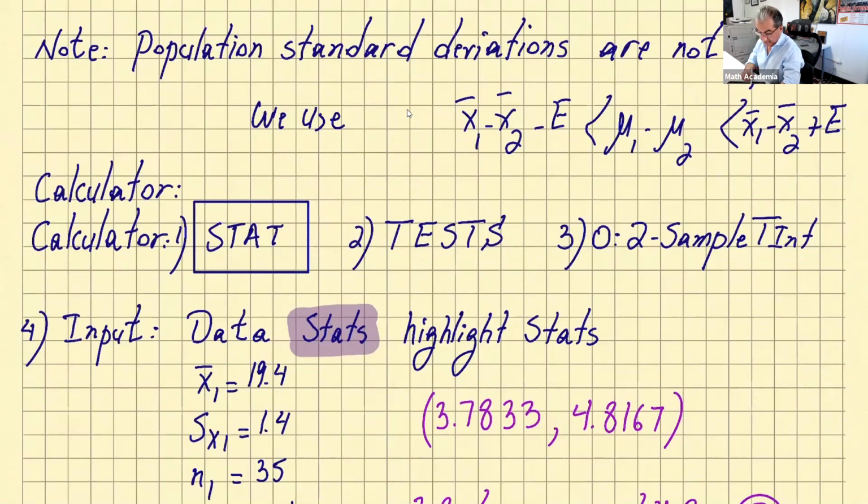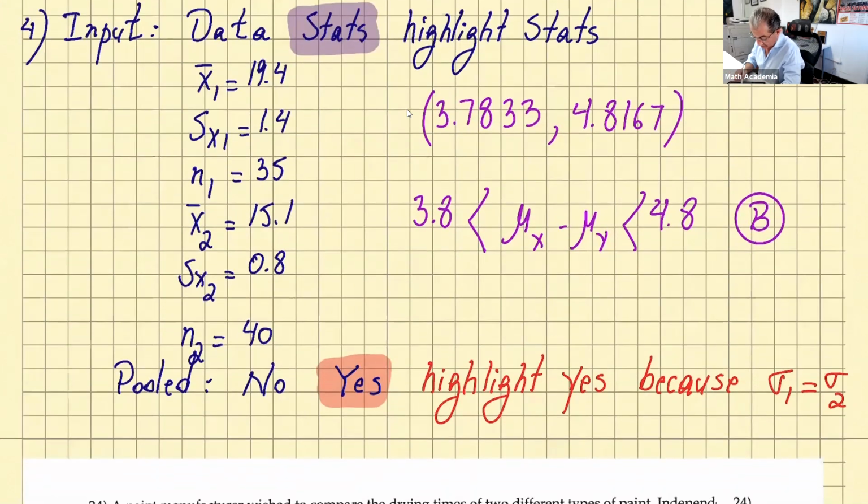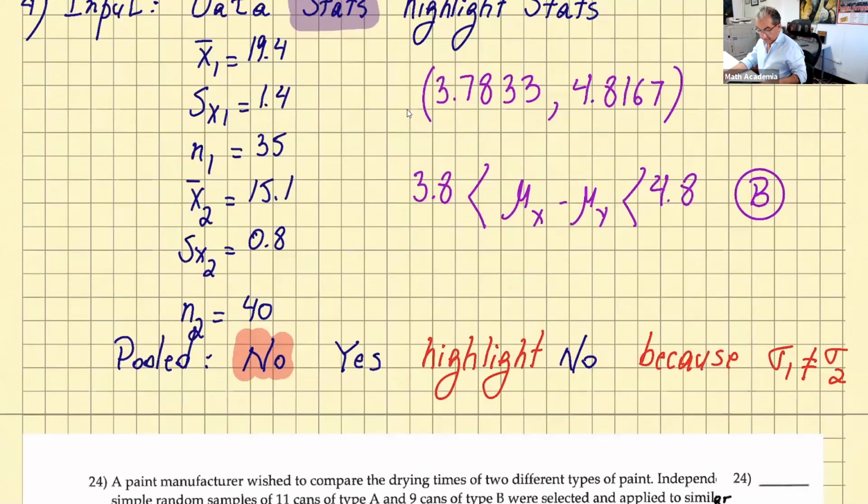So you go to the same thing, calculator, stat, test, pick two sample t interval, 0. Put the data, and here highlight no, because sigma 1 is not equal to sigma 2.